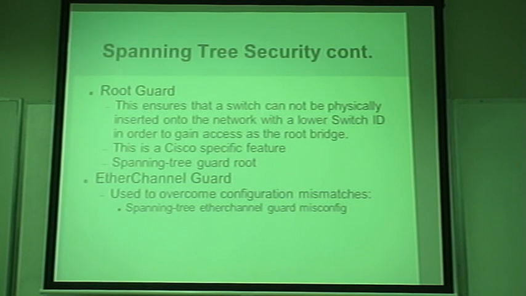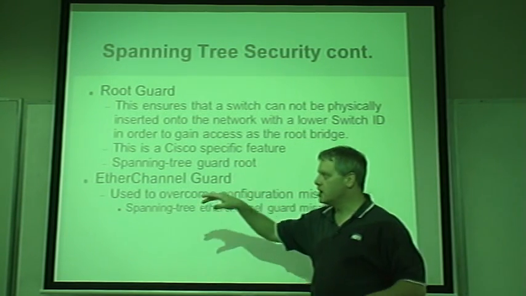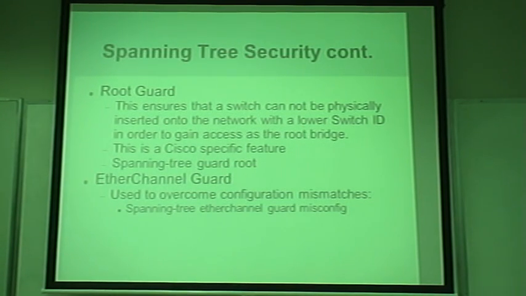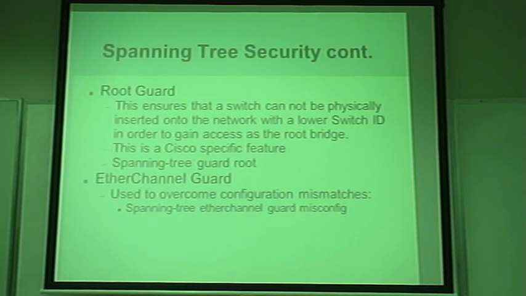Ether channel guard is used to overcome configuration mismatches in spanning tree. What Ether channel guard does is this: you can have multiple links between two switches, like in that example where the teacher thought he was going to be really cool and get 300 megabits. You can do that. It's called Ether channel.